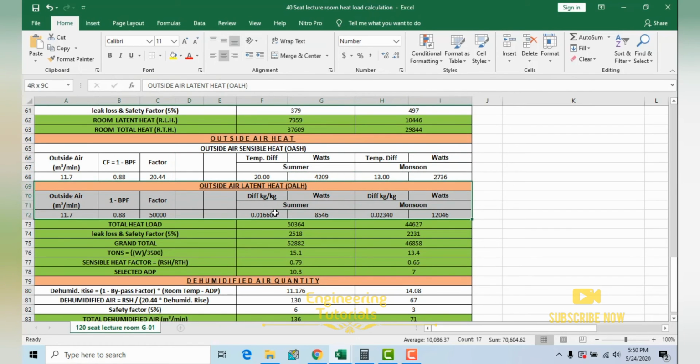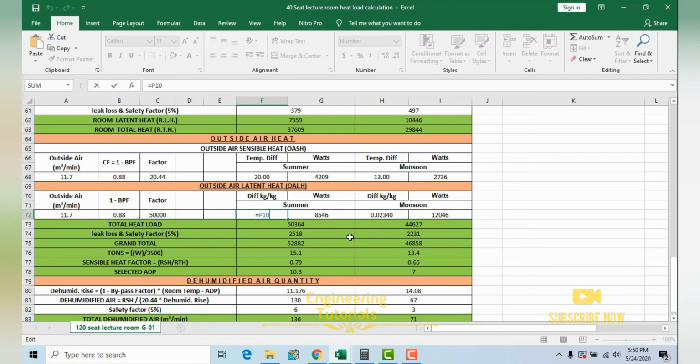Now outside air latent heat load for summer and monsoon, this time you have to use humidity ratio difference. We know that already calculated before these values, so we have to use these values over here. So for summer it's calculated as 8546 watt, and for monsoon 12,000 watts.